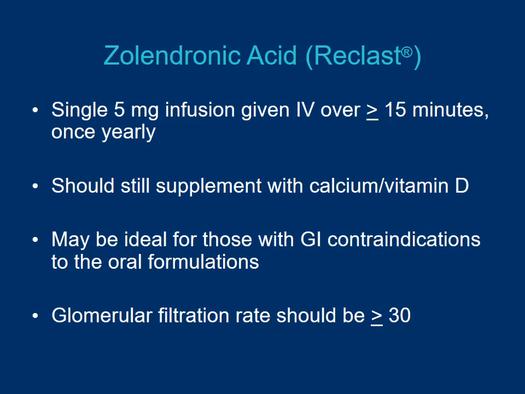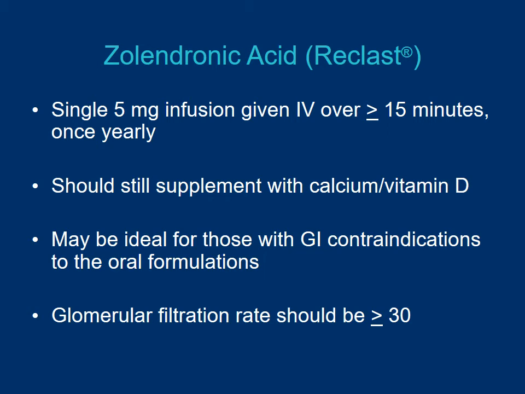And we have the injectable form of the bisphosphonate, which is zoledronic acid. It's given as a single 5 milligram intravenous infusion over more than 15 minutes, once per year. So it's one dose per year.